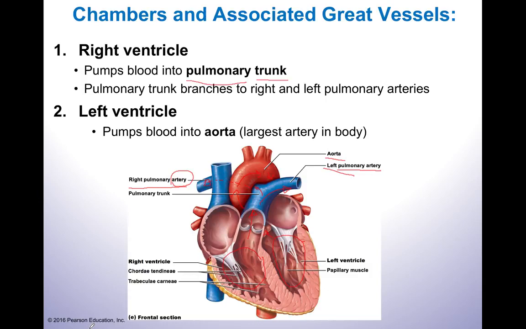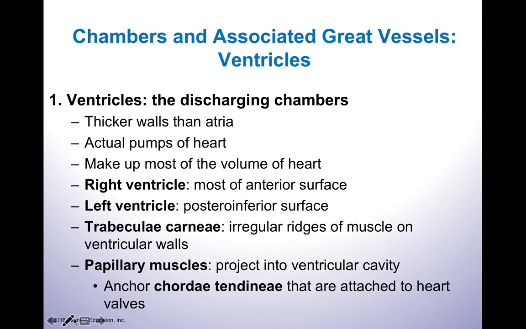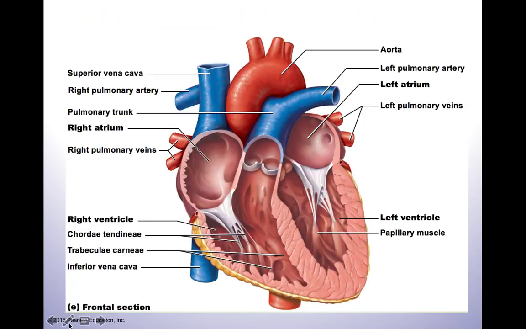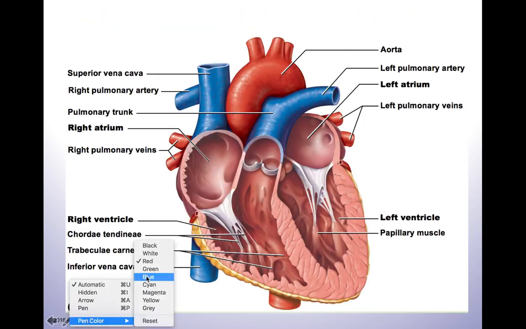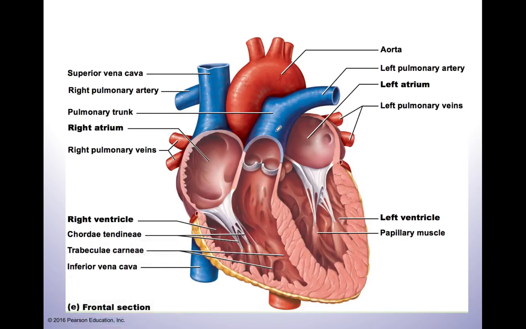Let me change my color so we're sticking to the color coding that we described. This blood vessel right here, we identified as the pulmonary trunk, and then it branches to the pulmonary arteries, right?